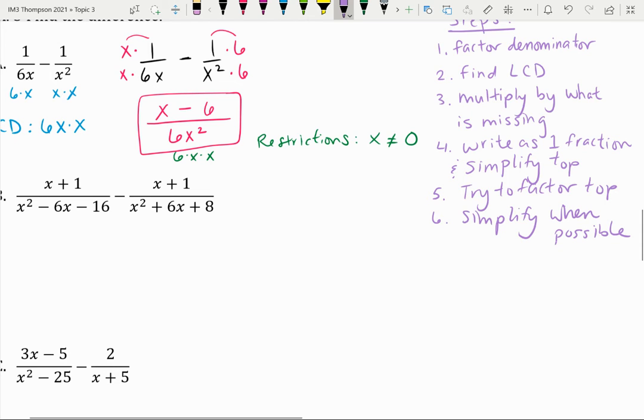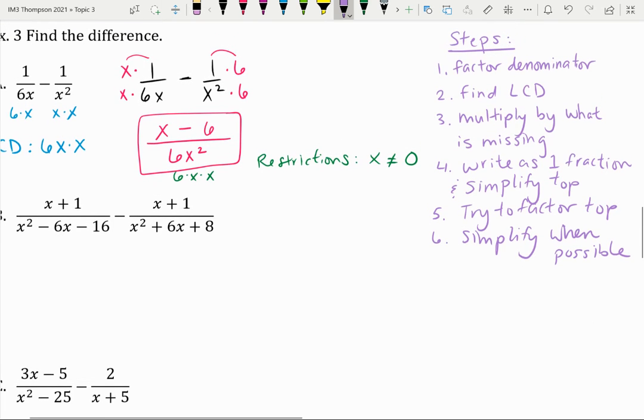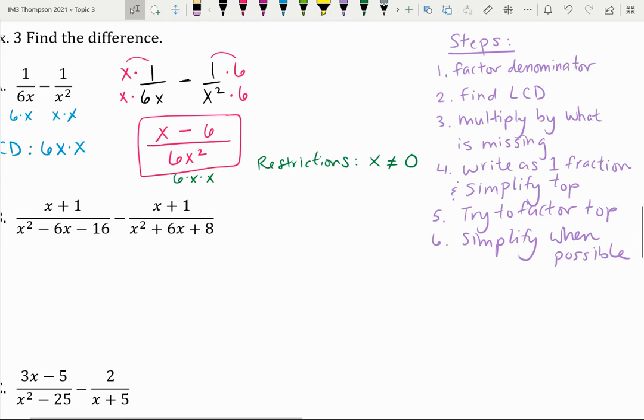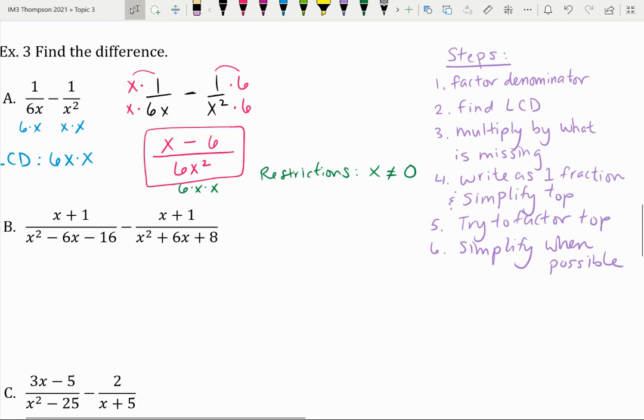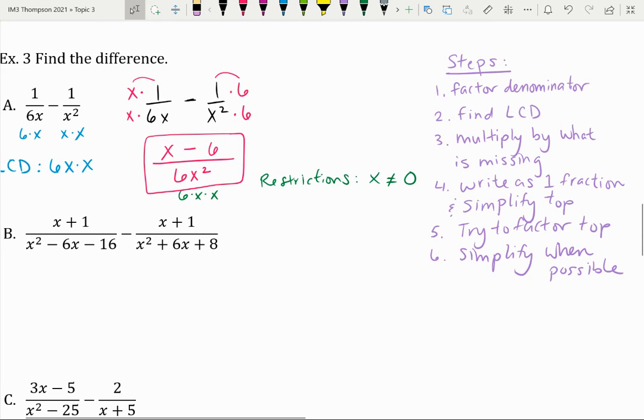For those of you who really like to have steps for your problems, here's some rough steps for this process. A lot of times we stop after step 4 because we may not be able to simplify.